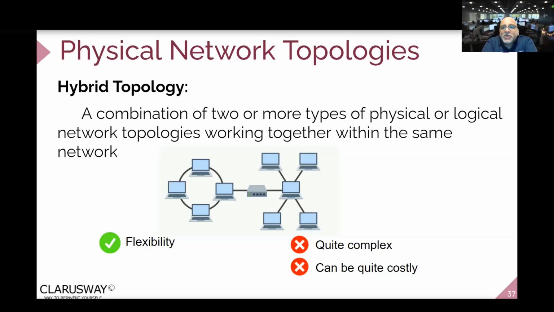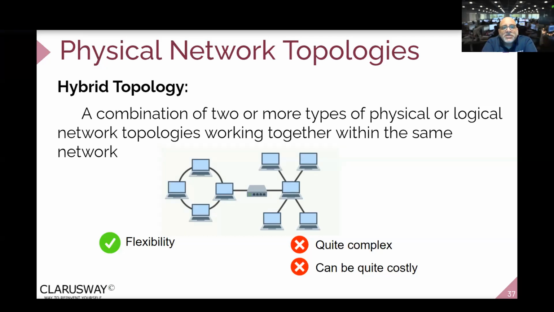Hybrid topologies are most commonly encountered in larger enterprises where you're going to have individual departments that have topologies that are different for a variety of reasons. It could be just because of the way historically the departments were built. It could be because there are security or performance requirements. It could be for a lot of reasons, right? So once you connect those two disparate topologies, then you get a hybrid topology.